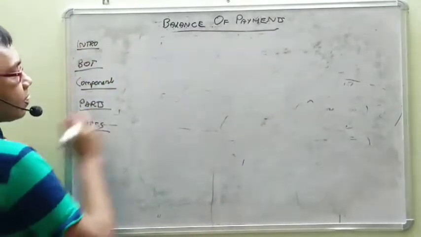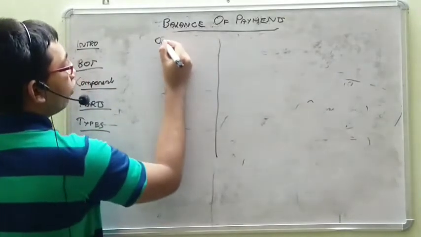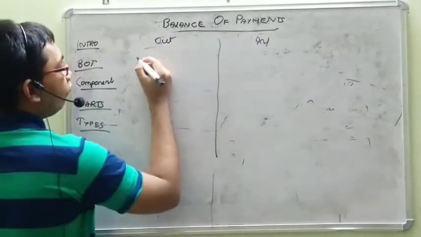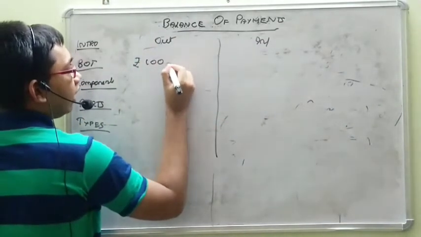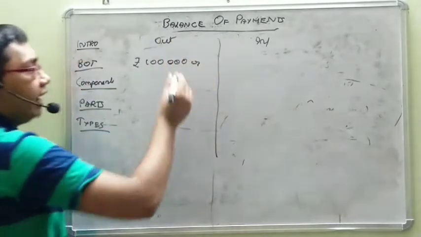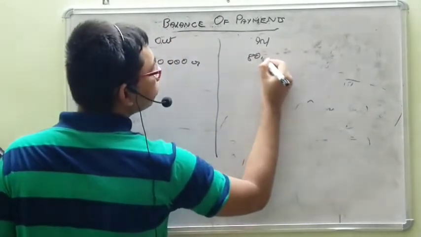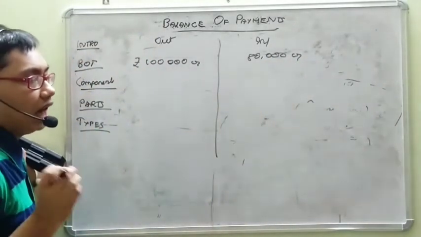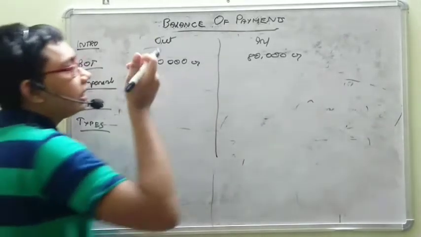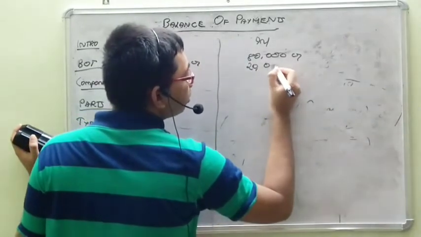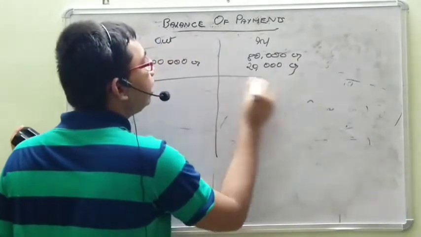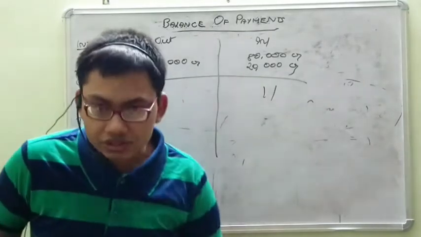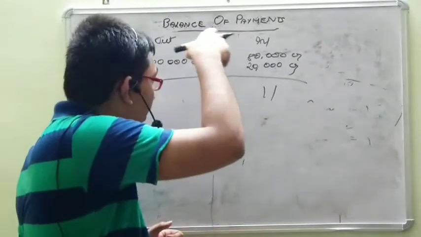Let's take outflow and inflow of foreign exchange, the debit and credit side. Outflow of foreign exchange is, let's say, rupees 100,000 crores, and inflow is 80,000 crores. The government will undertake a reserve or accommodating transaction of 20,000 crores. And as per the accounting sense, both sides are balanced. However, in the operational sense, we are looking into the items in the account.